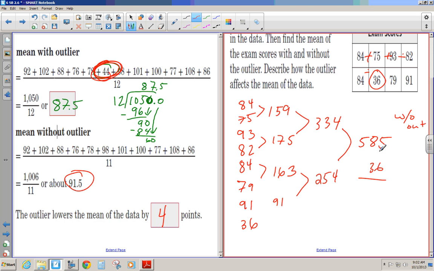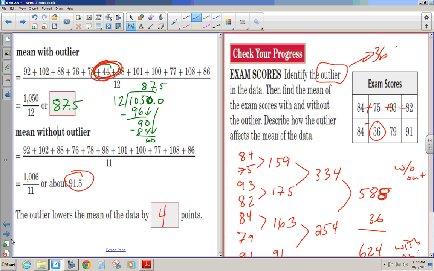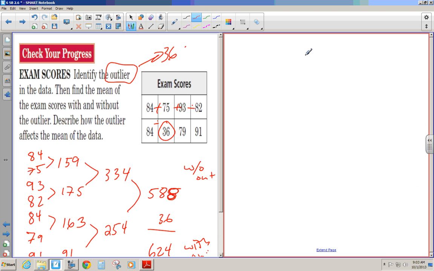Oh wait, I'm sorry, not 85, 88. Plus 36 is 624 with the outlier. So let's look at that. Without was 588. With is 624. So now we have to divide.